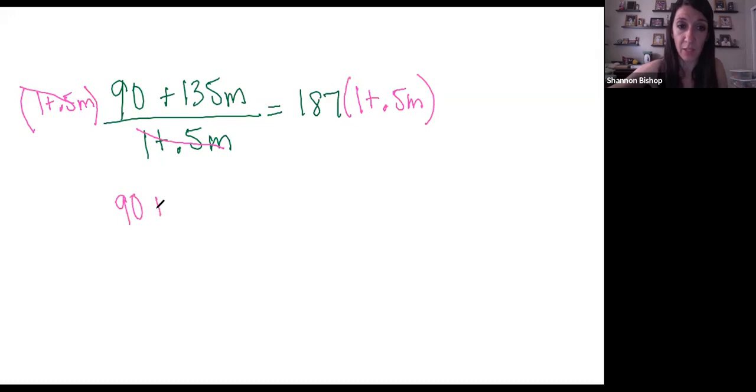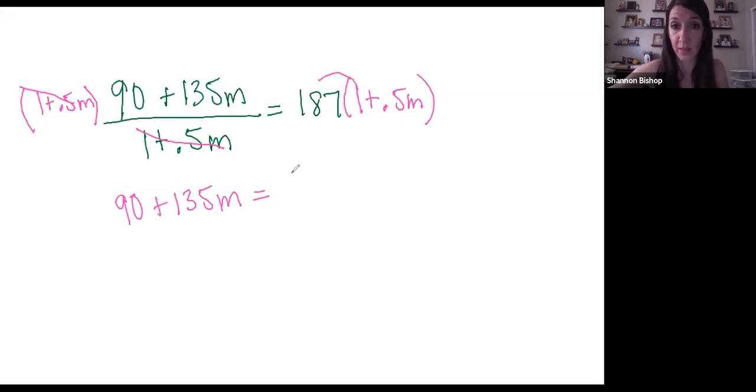Now on the other side though, this time, unfortunately, it is not just a big fat zero. Remember on the horizontal intercept, it just got zeroed out? Well, sorry, this isn't the horizontal intercept. You actually have 187. And notice you're now multiplying the 187 by that entire bottom. So you do need to distribute.